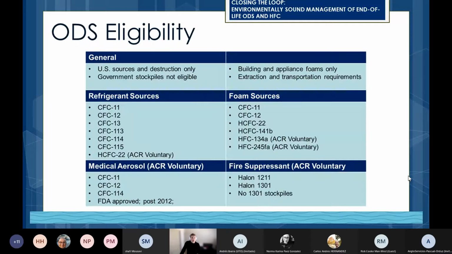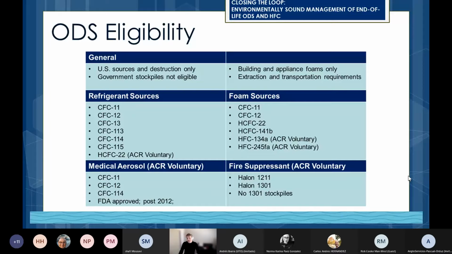Each program will also have its own eligibility requirements for the type of material that can be destroyed and its source. As I mentioned before, this is using California as an example. If we just look at the refrigerant box on the left, California only allows those 6 CFCs from the refrigerant category to be destroyed.